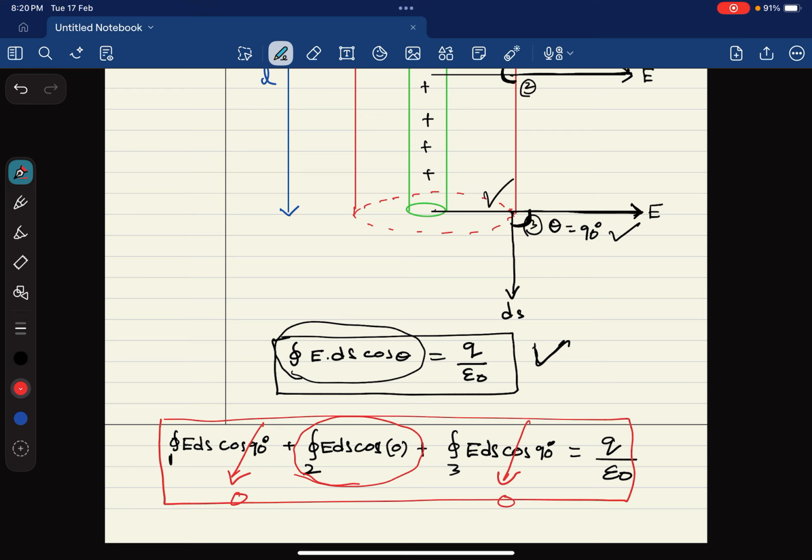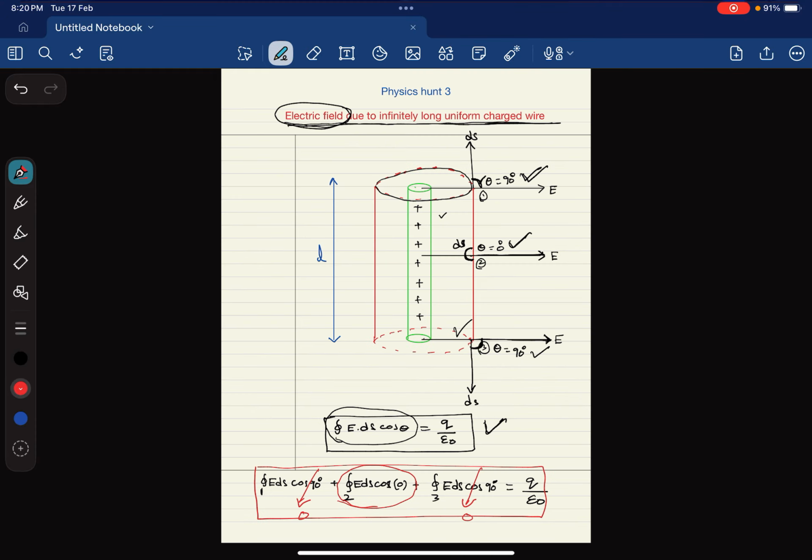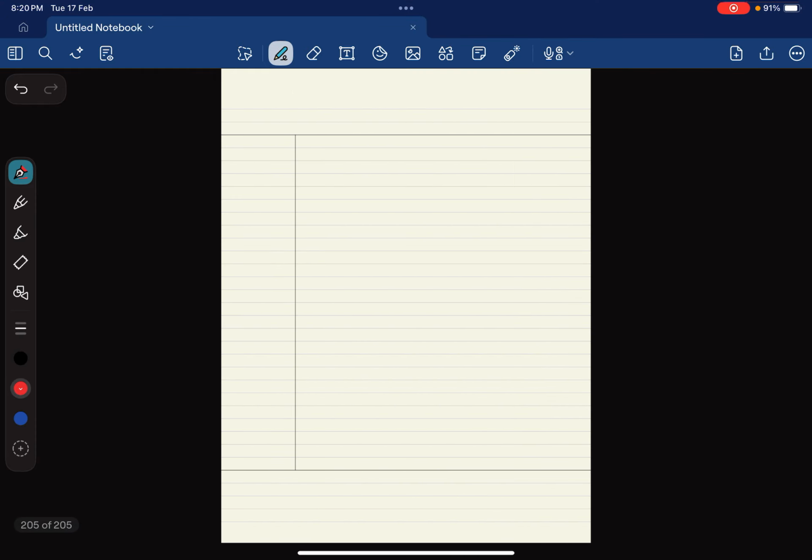Finally, we have only the second region, closed integral E ds cos 0, which is equal to q by epsilon naught. Since cos 0 is 1, we can write closed integral E dot ds equal to q by epsilon naught.